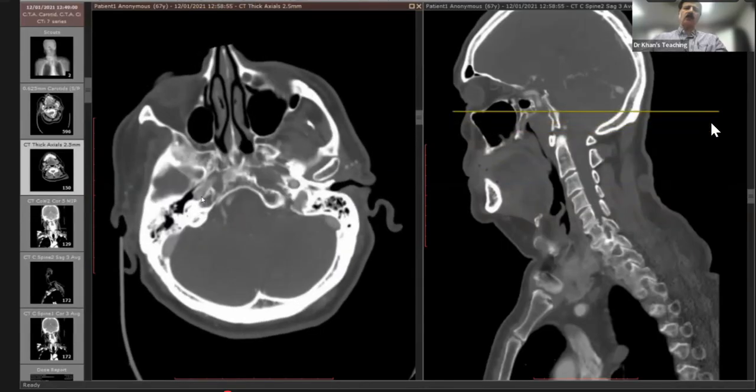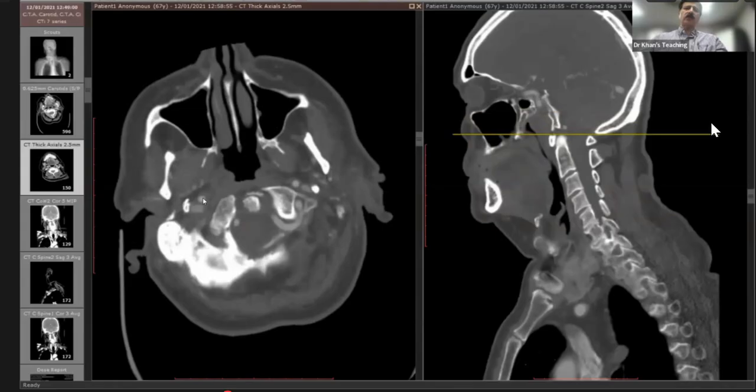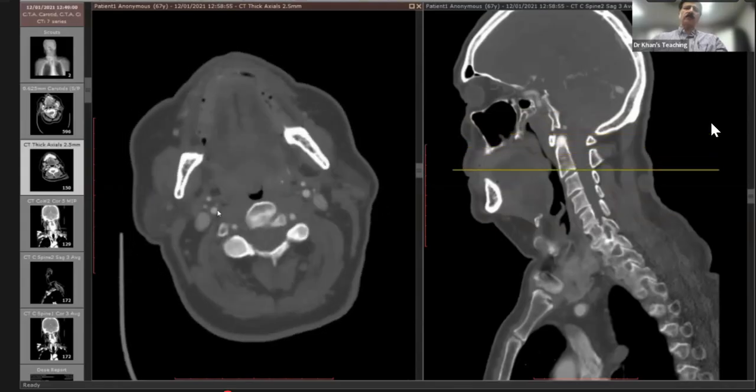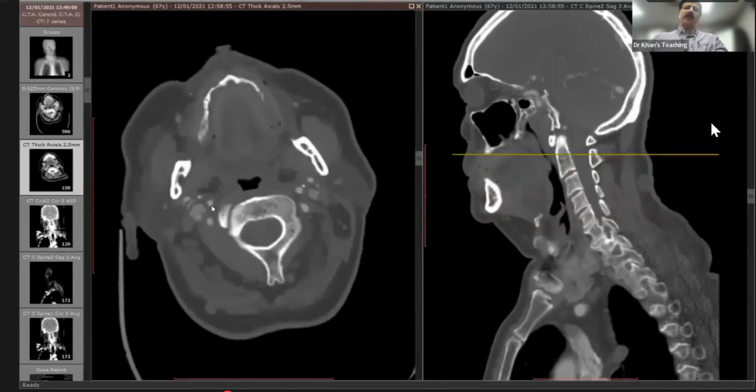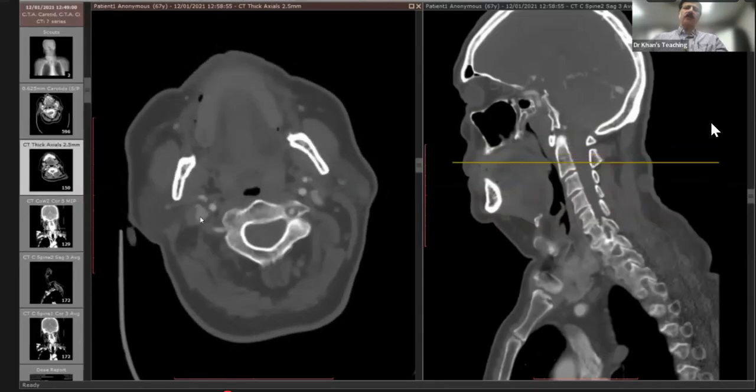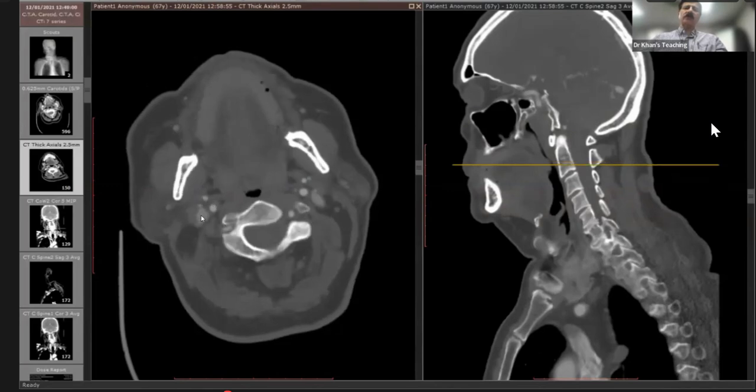So this is the internal carotid. Let me trace it backwards. Here, this is the carotid artery and this is the jugular vein, and everything here together is in the carotid space.